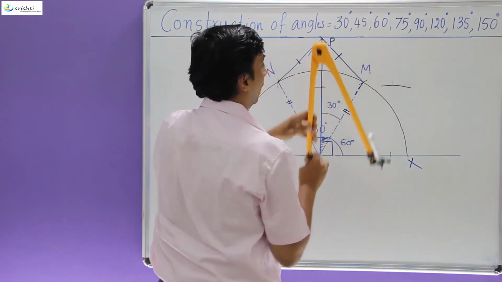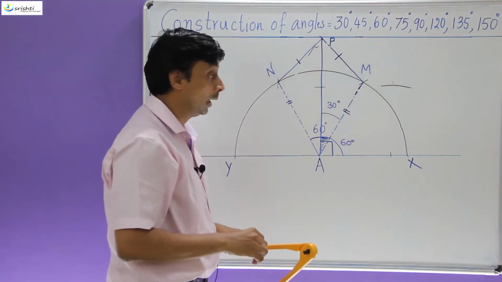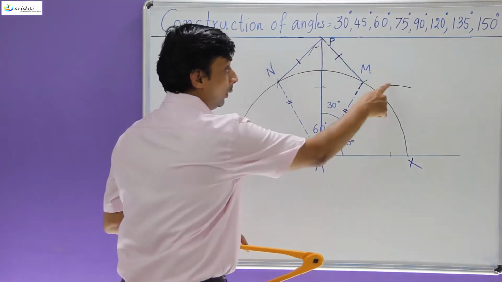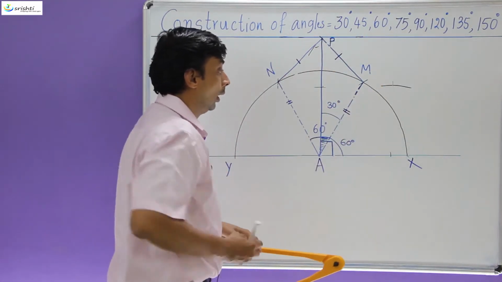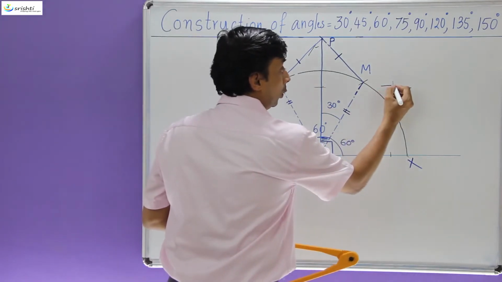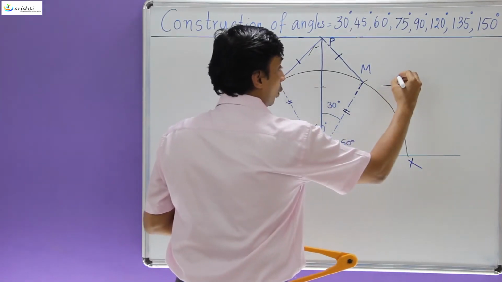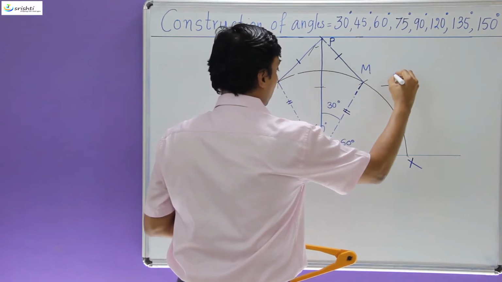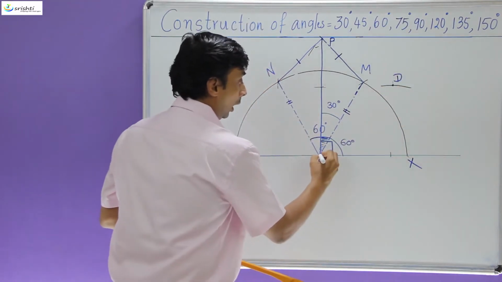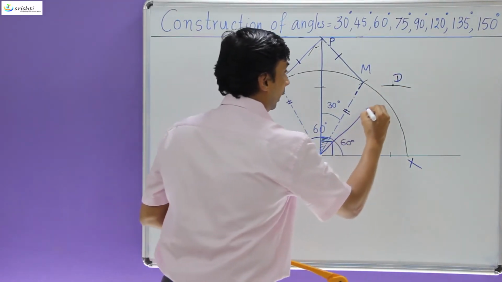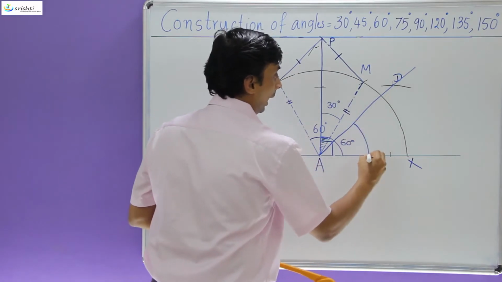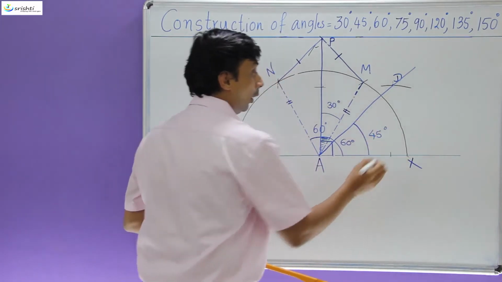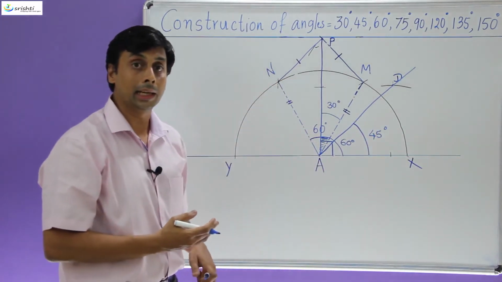So in essence you are actually drawing a square over here, and we know the diagonal of the square bisects the angle. If you join the point where the two arcs meet with A, let's name this particular point as D. If you join A and D, you will get a 45 degree angle. It is simply because you have bisected the 90 degree angle.